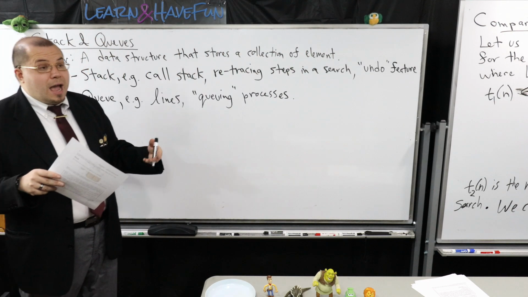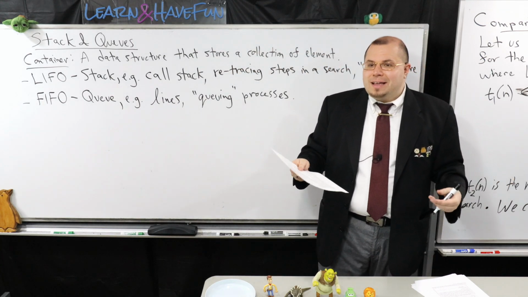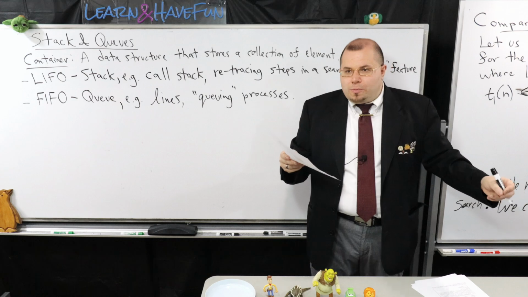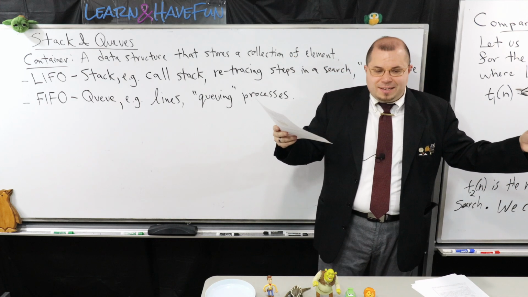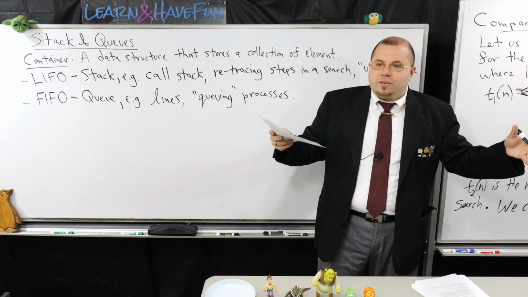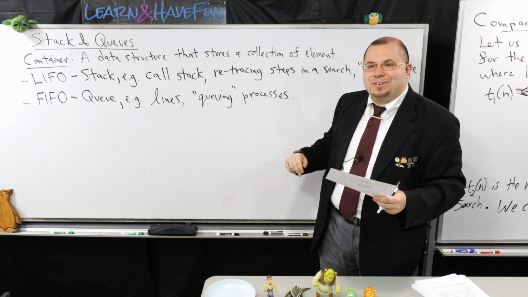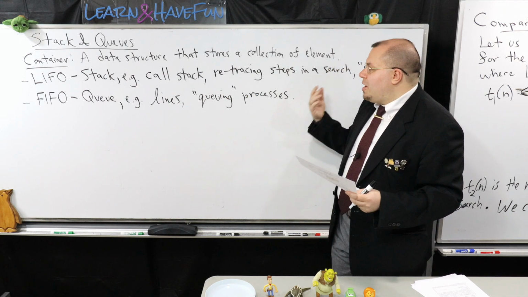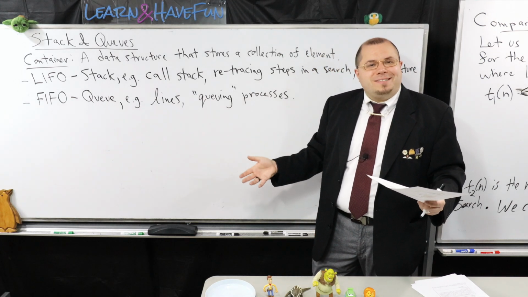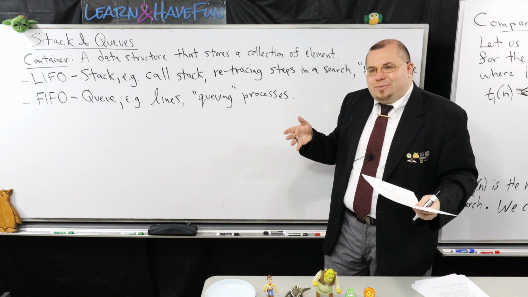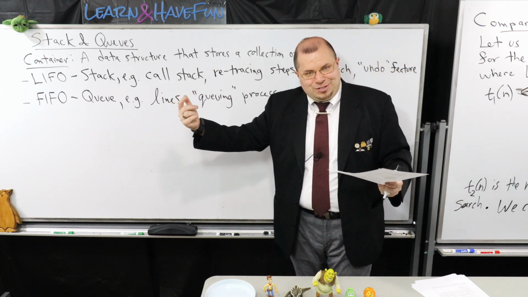For example, you may have a buffer that consists of a whole bunch of things that need to get processed, and a queue can be one way to model this. They come in a very specific order. Whichever comes in first needs to get processed first, hence why we call it first in, first out. Think of a whole bunch of people standing in a line: the person that enters the line first gets served first.